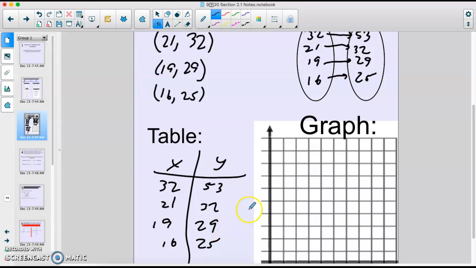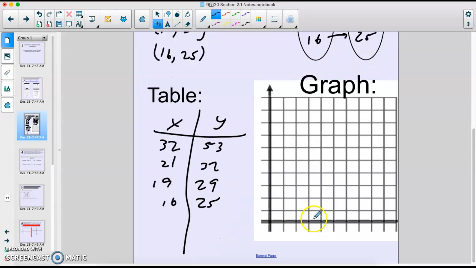And lastly, we could graph it. This is our x-axis, this is our y-axis. We'll go 5, 10, 15, 20, 25, 30, and 35.